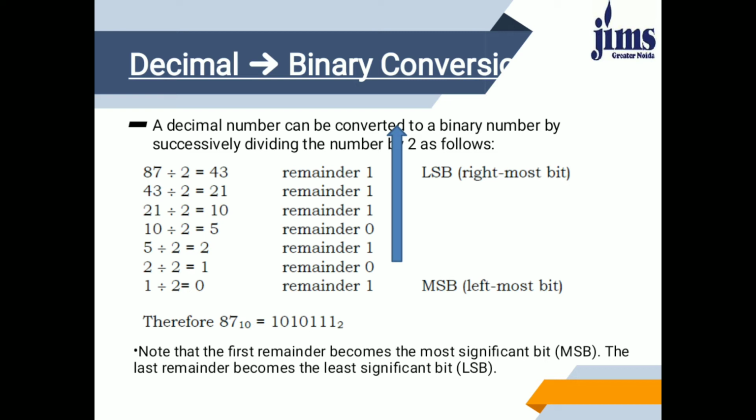We collect these numbers and write them from down to top. The downmost number is your MSB and the upmost number is your LSB. So this is the way we convert a decimal number into binary.